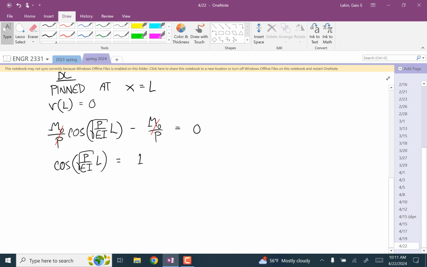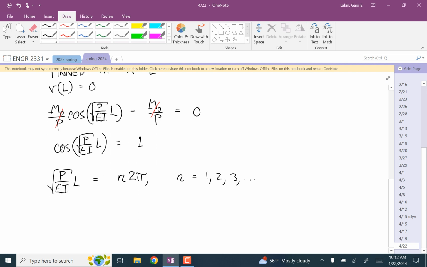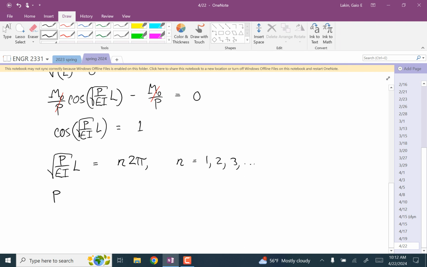Where is cosine equal to 1? Our requirement is that the square root of P over EI times L is equal to n times 2 pi, where n equals 1, 2, and so on. Now we square everything and we get P over EI times L squared is equal to n squared times 4 times pi squared.